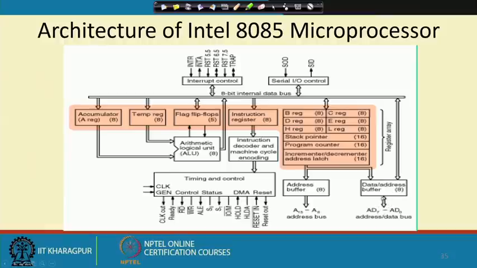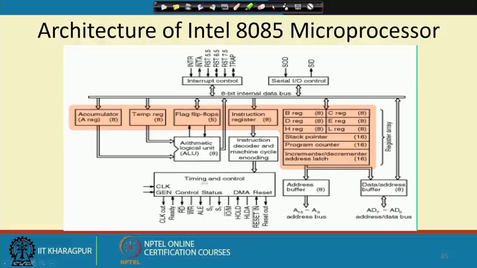The first instruction arrives from the outside world and goes to the instruction register. The opcode part of the instruction is then decoded by the instruction decoder and machine cycle encoding module, which decodes the meaning of the instruction and tells what operations it has to do.